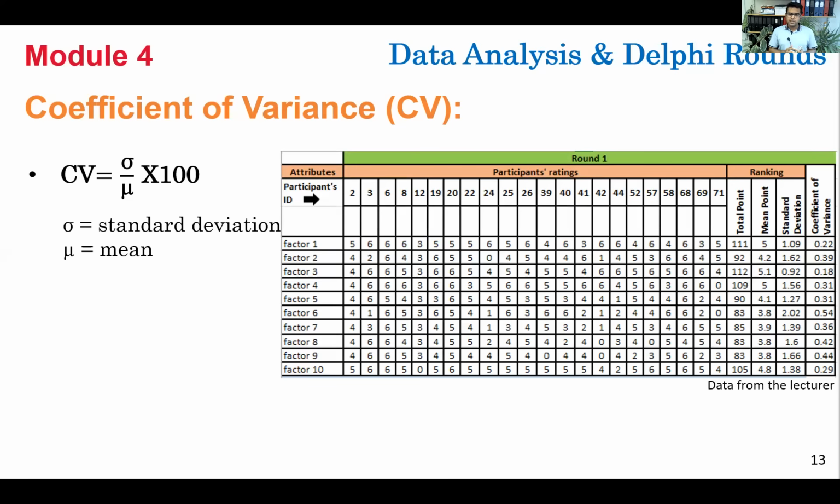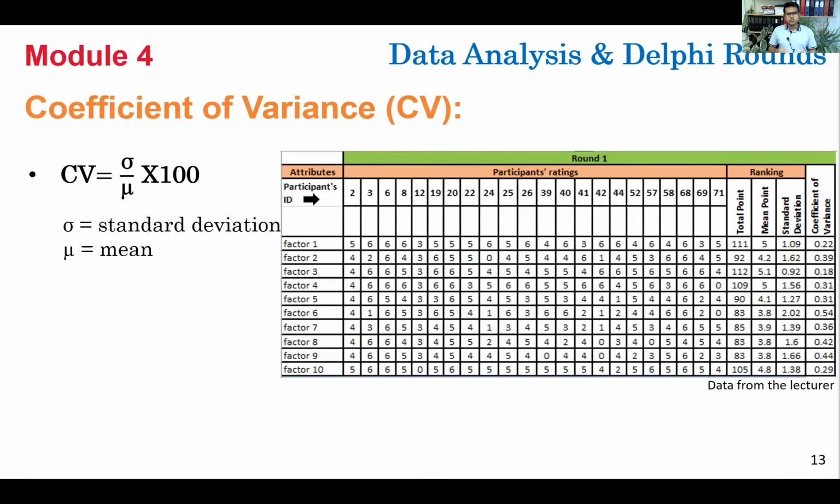By using built-in formulae in MS Excel, you can easily calculate mean and standard deviation and proceed further to set your own formula to calculate the coefficient of variance or CV.